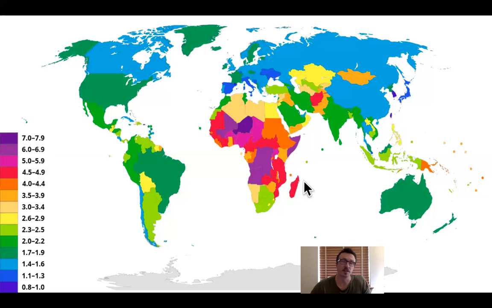It's more appropriate to consider their current economic or socioeconomic status. We have developed, developing, and least developed. And the least developed countries economically are going to be found on the continent of Africa. There are definitely some countries in Eurasia that fit that bill. And then the countries that have the lowest total fertility rates are generally the most developed, and then you're going to find the in-between with developing countries.